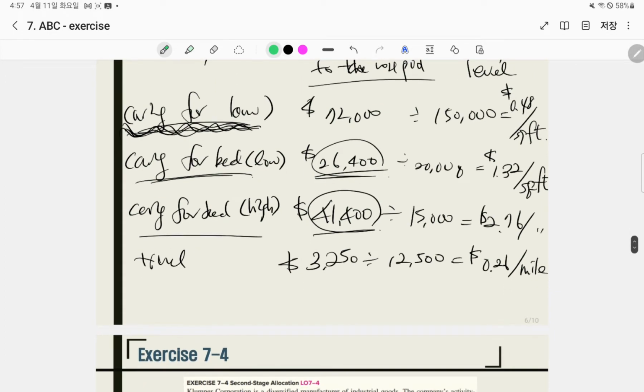So again, if you have to travel 100 miles to customer A's garden, then you incur travel cost of $26, right? Let's say that you have to travel 200 miles to customer B. Then you have to incur $52 of travel cost.